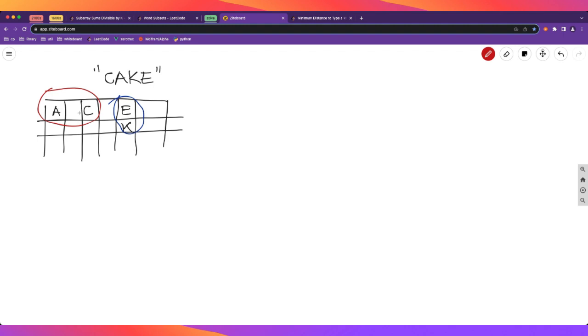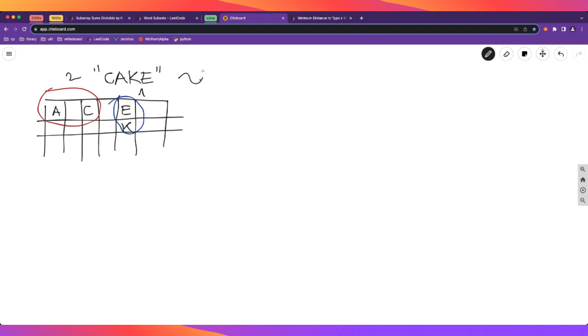So we can use one finger for C and A at the beginning and the other finger for K and E, and that's going to give us a distance of, so this is distance 2, this is distance 1, and we can do them independently.